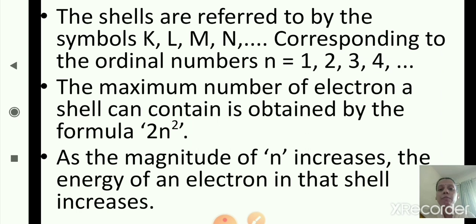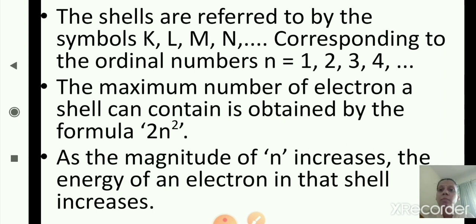The shells are referred to by the symbols K, L, M, N corresponding to the ordinal numbers n equal to 1, 2, 3 and 4. Just now I told you n equal to 1 means K shell, n equal to 2 means L shell, n equal to 3 means M shell and n equal to 4 means N shell.